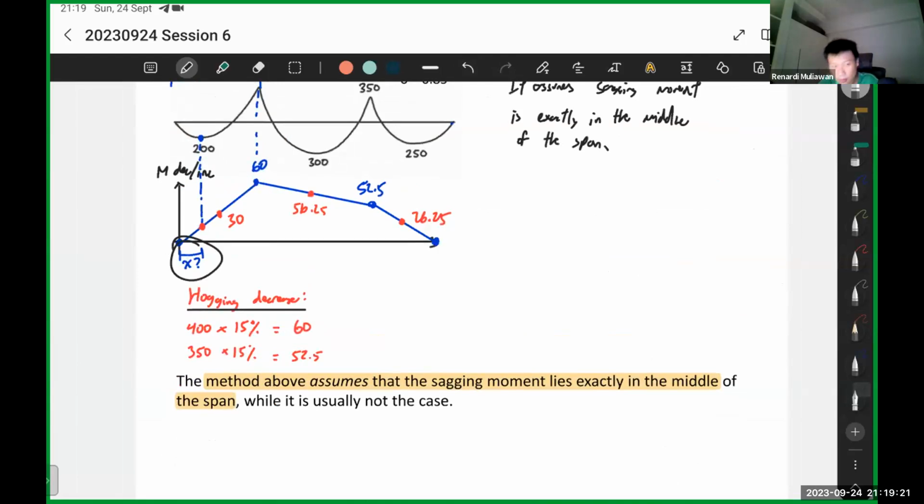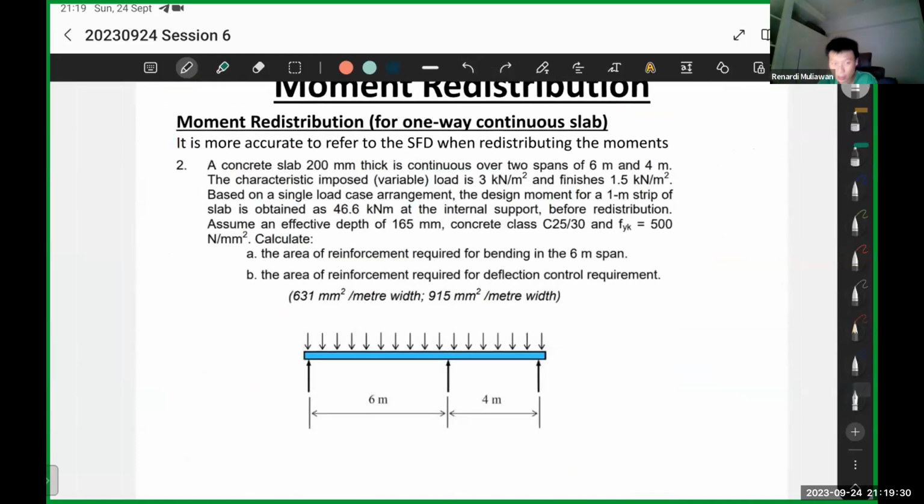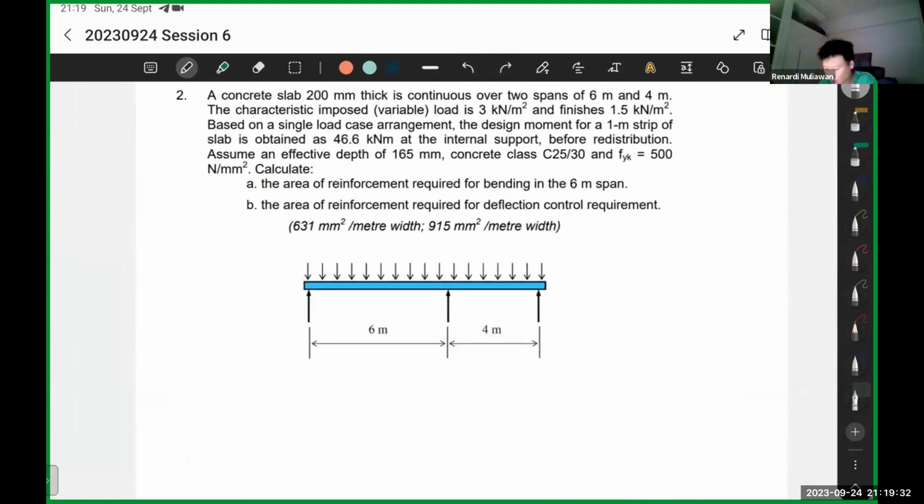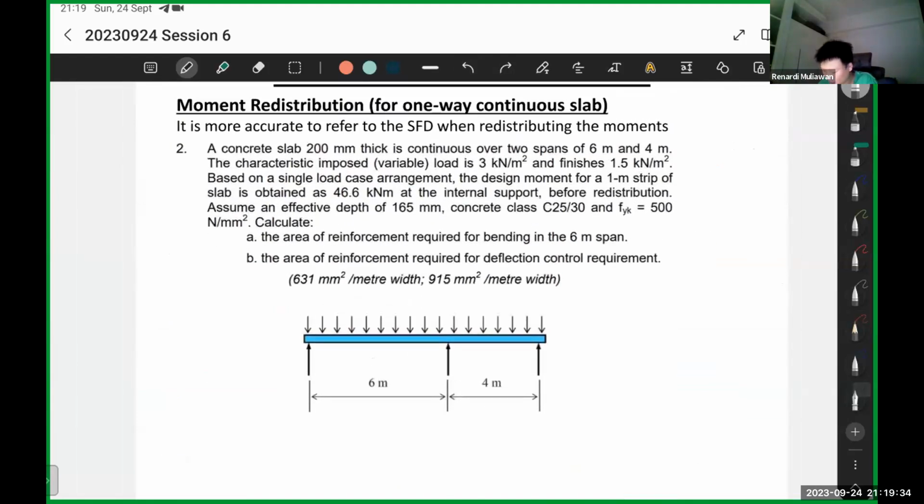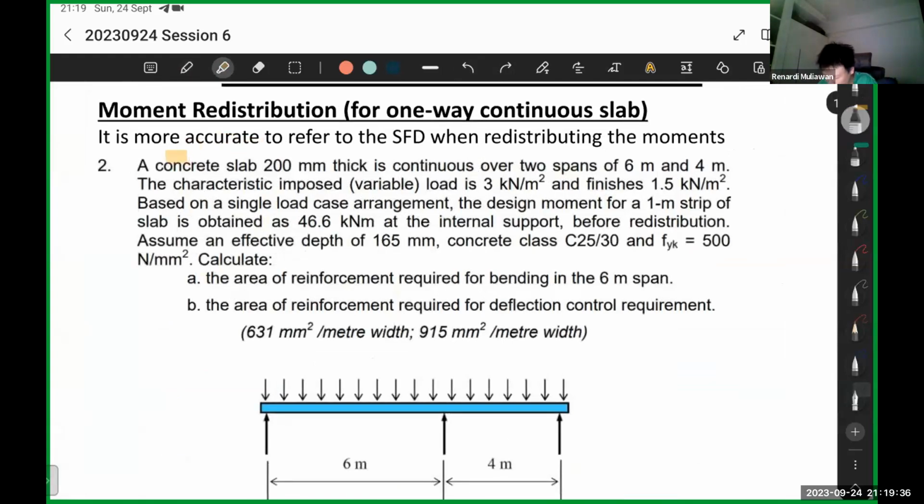this x. Basically the distance, so you can find the ratio, and you can find the decrease. I'll go straight to an example. A concrete slab 200 millimeters thick has spans of 6 meters and 4 meters. Then you have the loads, and now here's the important thing.